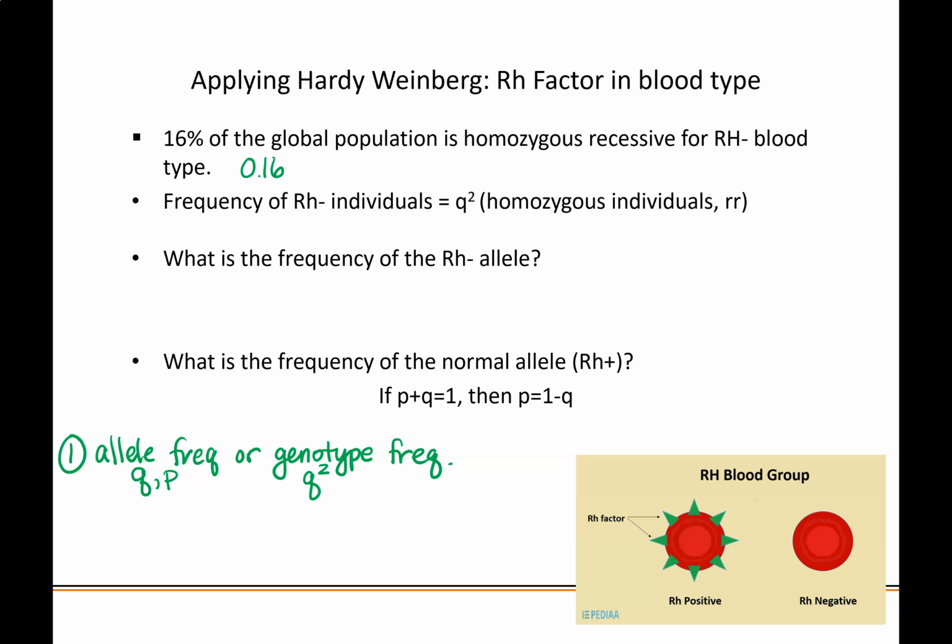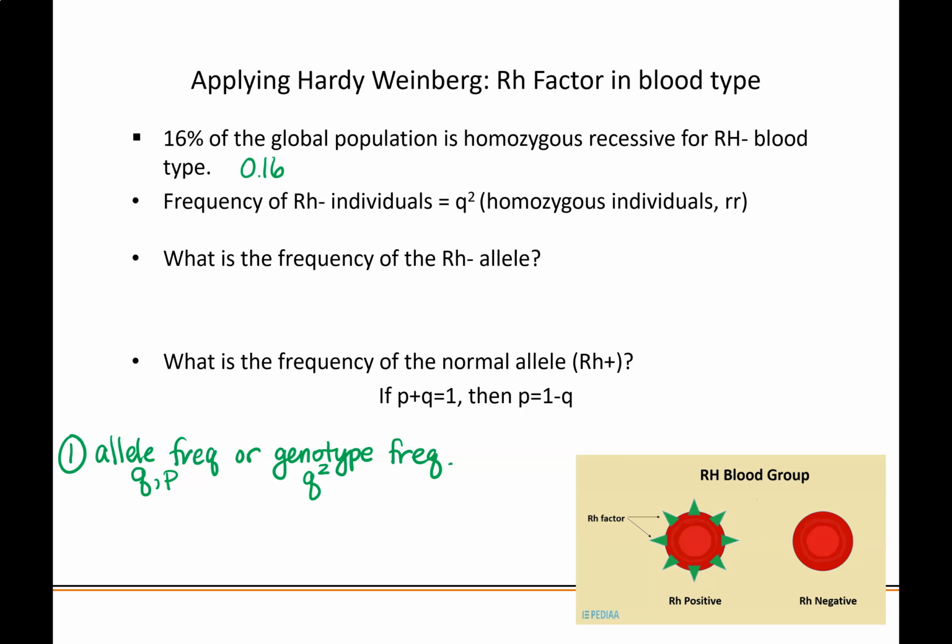If you are given an allele frequency, it's probably going to say something like, the allele frequency of the Rh negative allele is X. Or it's going to say something like, in a population of 200 people, 14 individuals are Rh negative.